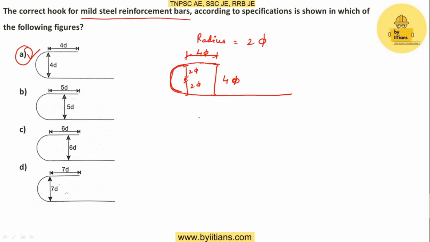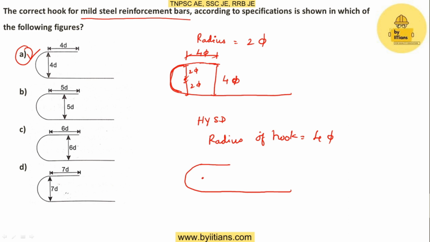In case they are asking for HYSD bars, then the radius of the hook will be equal to 4 into phi. So the hook will look like this. Here this is the center point of the semicircle.